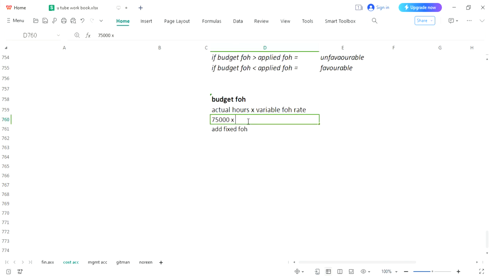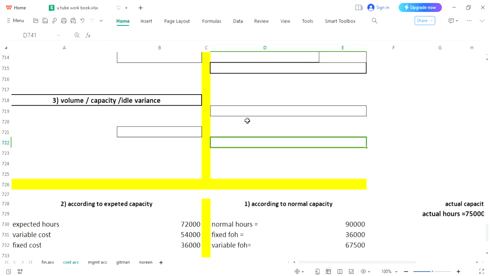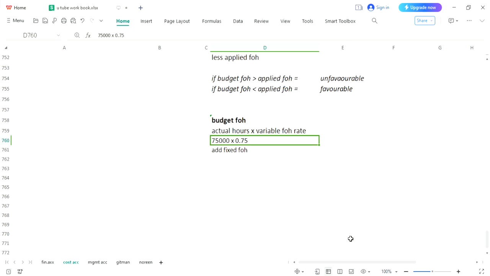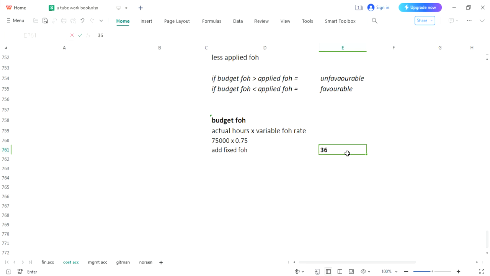So we can put 0.75 over here. Fixed FH is already mentioned, 36,000. So you can write fixed FH 36,000 over here.